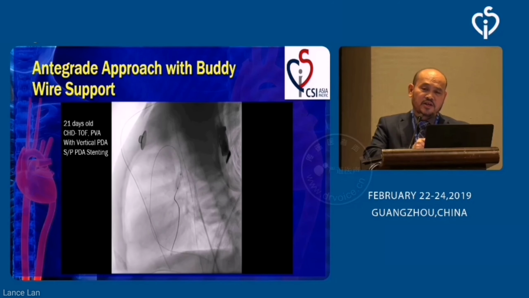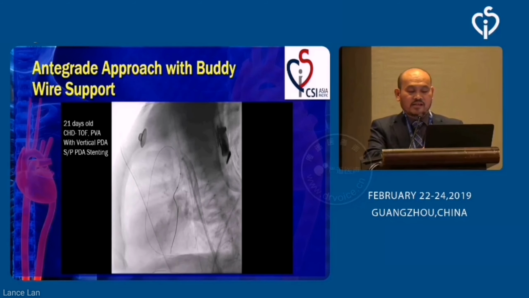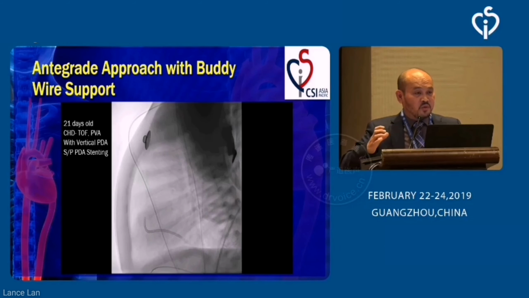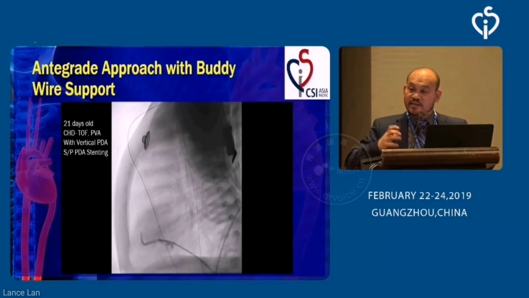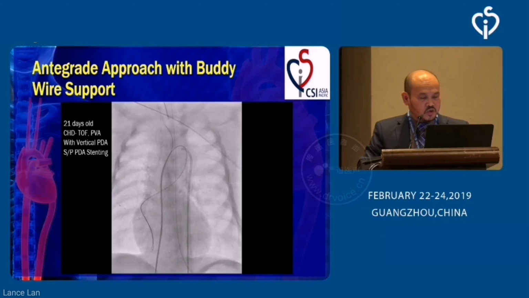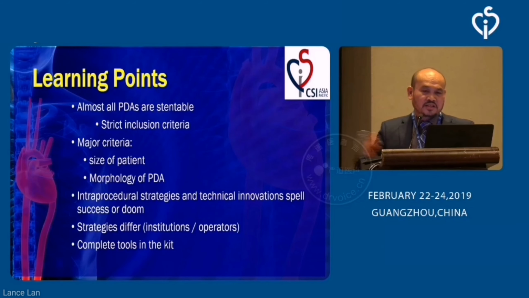So I was entertaining doing a telescope on the proximal side, but on the lateral angiogram right after stenting, there was a good apposition. The whole span of the PDA was covered, so I decided not to do a telescope and remove and do a post-stent angiogram.